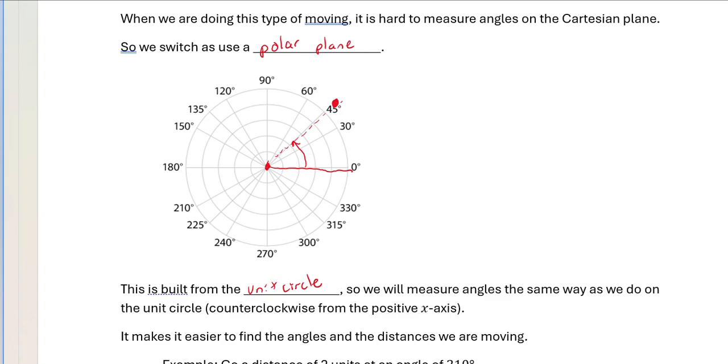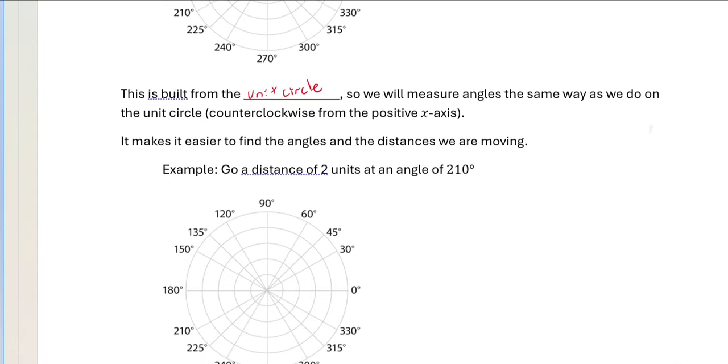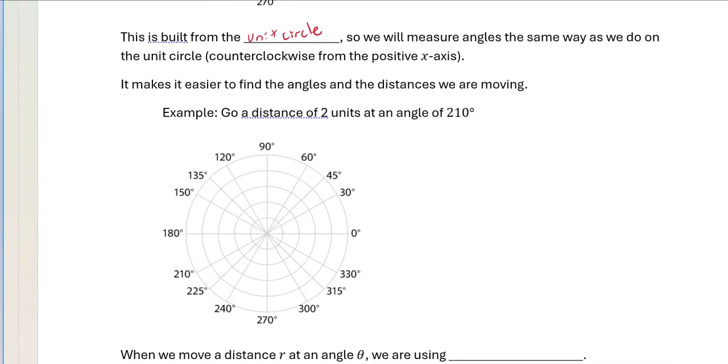So we're used to working at this and moving from the positive x-axis counterclockwise around. So another example of this is if I wanted to go 2 units at an angle of 210 degrees, well, starting here, I would go around to the 210 degrees and move out 1, 2 units. And there's our point.